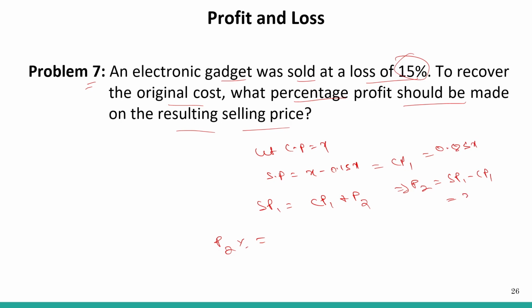So the required profit is X minus 0.85X, which is 0.15X. So this is equal to 0.15X over the cost price 0.85X, into 100. So this is nothing but 3 by 17 into 100. Okay, so this much in percentage.